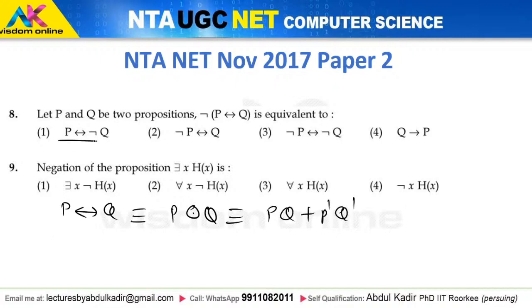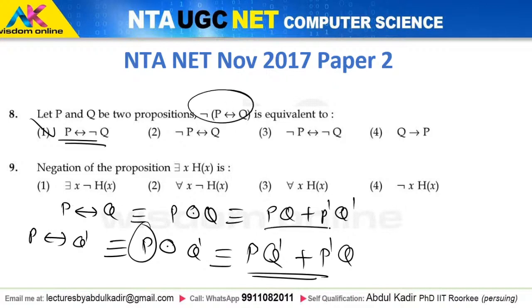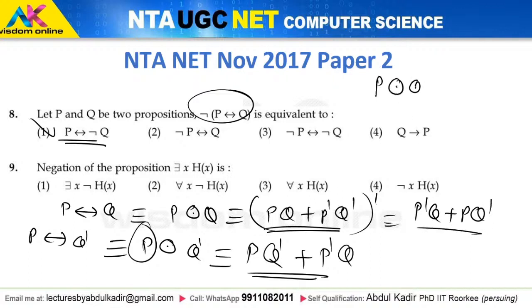Now let's check this: it is the same as P XNOR Q dash, which will become PQ dash plus P dash Q. Our original equation is the complement of this, and the complement will become P dash Q plus PQ dash, because the complement of XNOR is XOR, and XOR is nothing but P dash Q plus PQ dash.